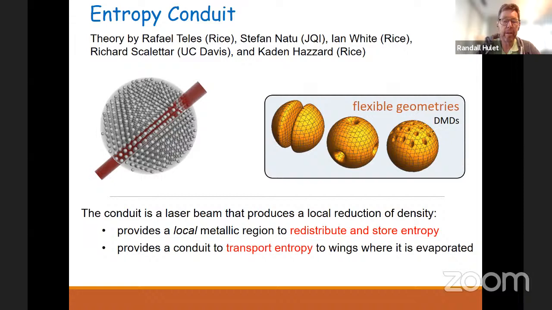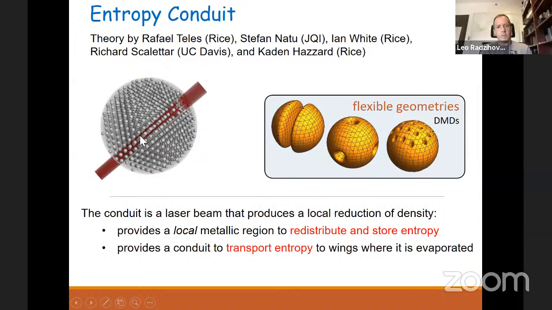Optical resolution in our system is a few microns, and the cloud itself is only about 30 microns. So it's very difficult to do this in any precise way. We tried doing a single conduit, and maybe we saw an effect on the size of the Bragg signal, but it wasn't clear. So we can't claim that.